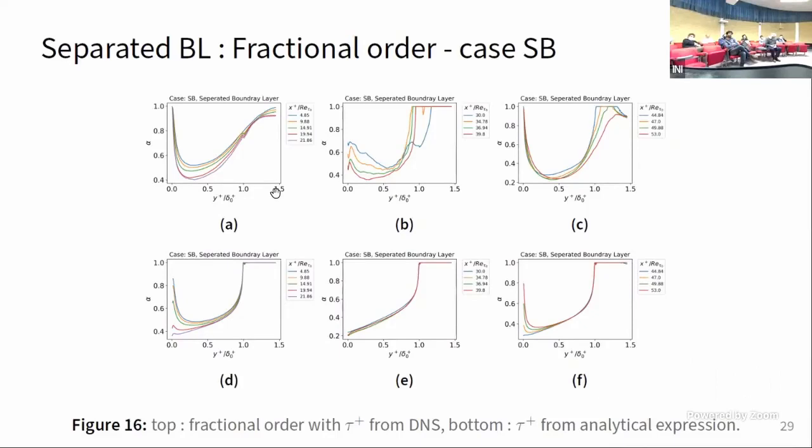But what was more surprising is that when we use the wrong expression, one that is not at all valid for the total shear stress for the separation, we get really nice fractional orders that are quite smoothly behaved.